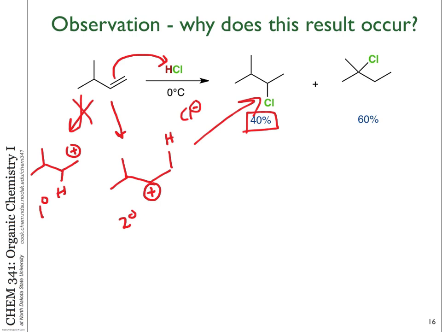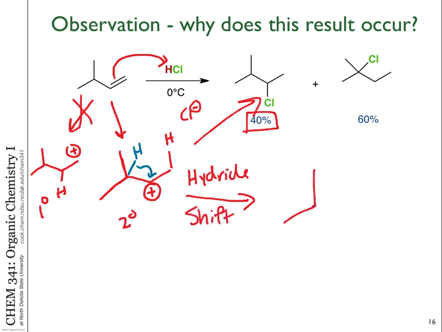But in this particular example, what I haven't drawn here, and I'm going to draw this in blue to show you, is a hydrogen unwritten which is adjacent here. And in this case, if this shifts over with its pair of electrons, we have the opportunity through a hydride shift or carbocation rearrangement to move the carbocation to another position.